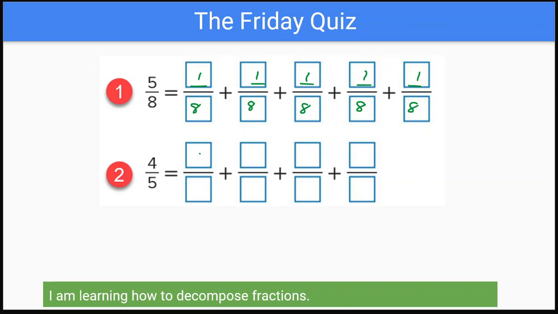And 4/5, well, we do this as 1/5 plus 1/5 plus 1/5. Okay, we got 3 of them so far, and we need one more 1/5. So in this case right here, they used unit fractions entirely. If the directions had been different, perhaps they could have had you do something other than unit fractions. But they said we had 4 spaces. The only thing you could put in each time was a 1.